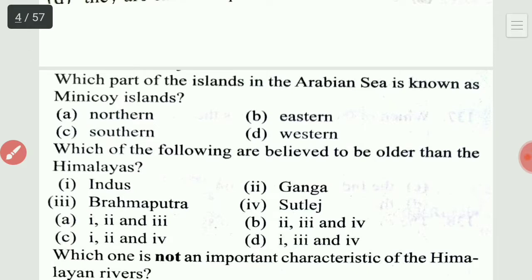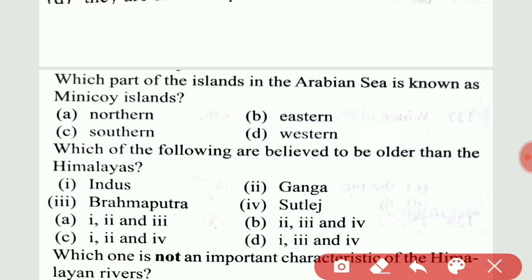Next, which part of the island in the Arabian Sea is known as Minicoy Island? The right answer is option C, southern. The southern part of the island in the Arabian Sea is known as Minicoy Island.